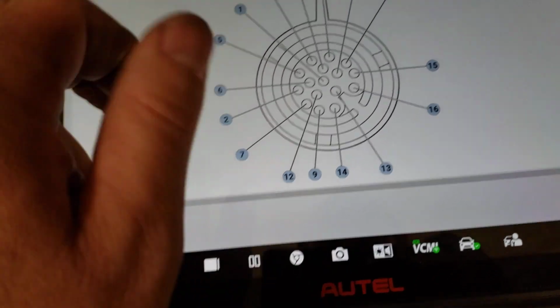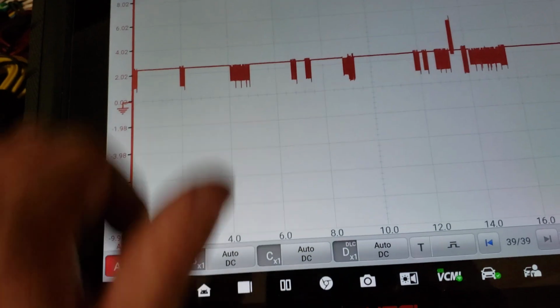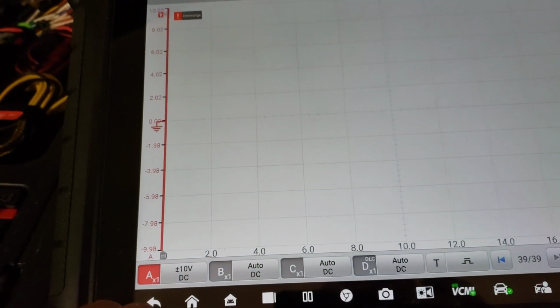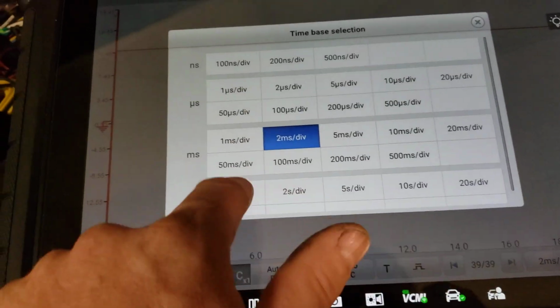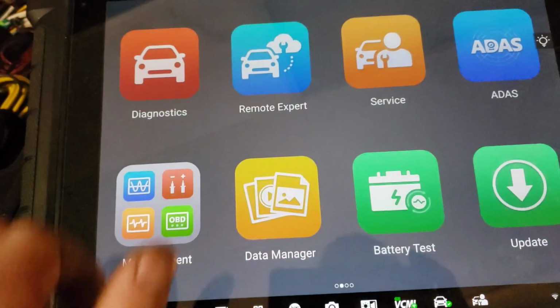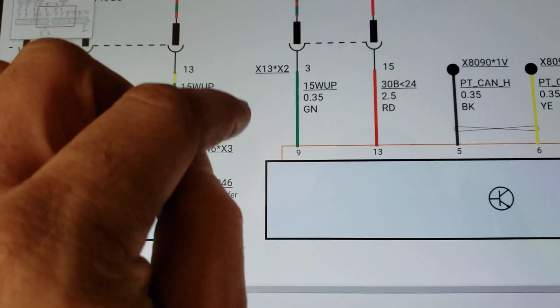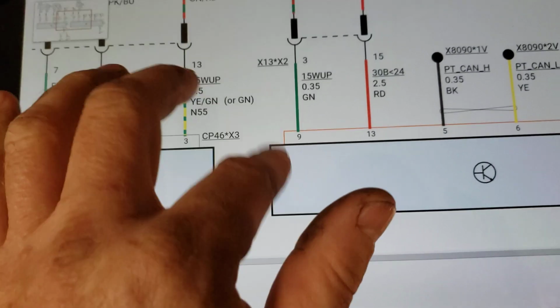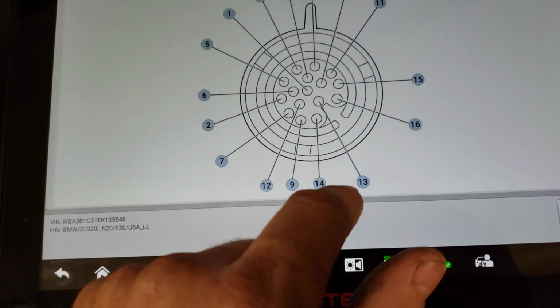So I'm on pin 13 there. I can do my split screen, but what I'm going to do is go to my oscilloscope and hit play. There's my voltage. I've got battery voltage right there. Okay, so that's good. Now let's look at pin 9. It jumps back over to the transfer box. Is that their transfer case?